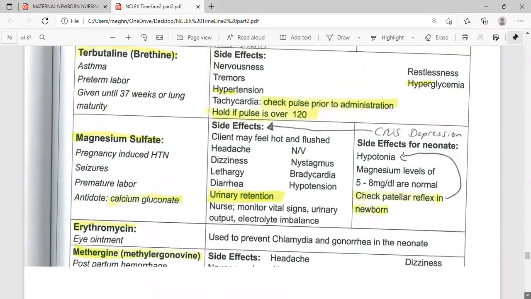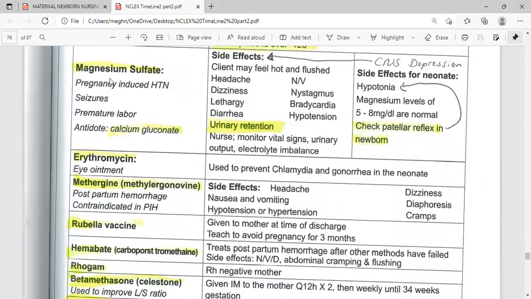And next drug is here, MgSO4, or magnesium sulfate. So magnesium sulfate, this medication is a mineral supplement, basically. Mag sulf means magnesium. We use it to prevent and treat low amount of magnesium in the blood, right?